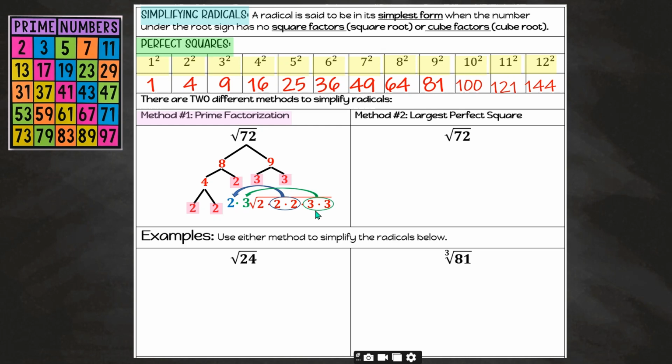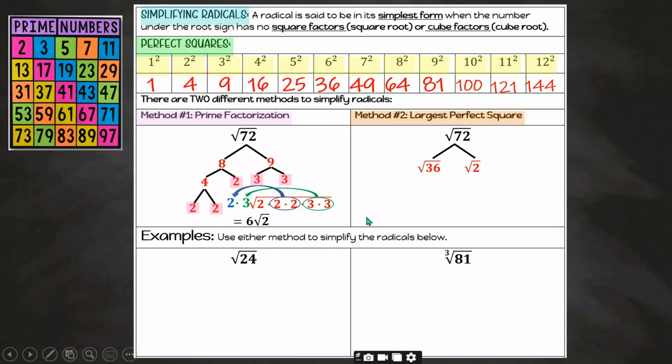So now I just have to simplify. 2 times 3 is 6. And I am left with 1, 2 underneath the radical. So I have 6 square roots of 2. Now, there is also another method, which some people prefer, which is the largest perfect square. If I have 72 and I am looking for the largest perfect square that divides into 72, that would be 2 and 36.